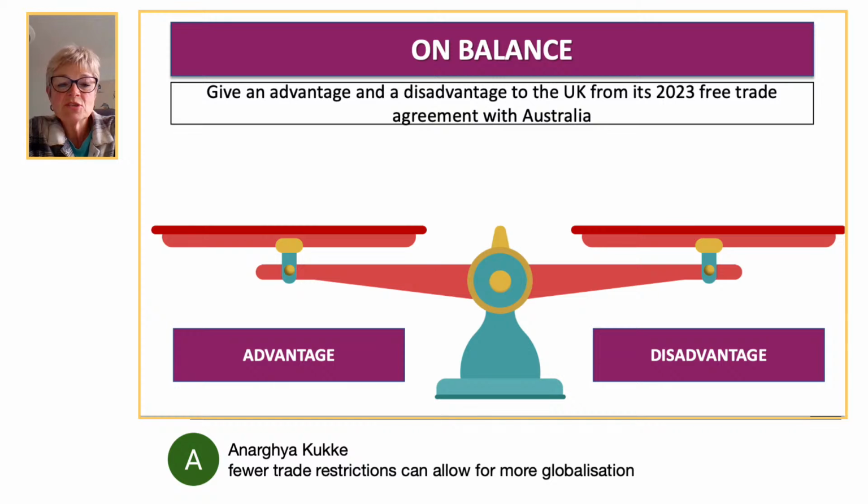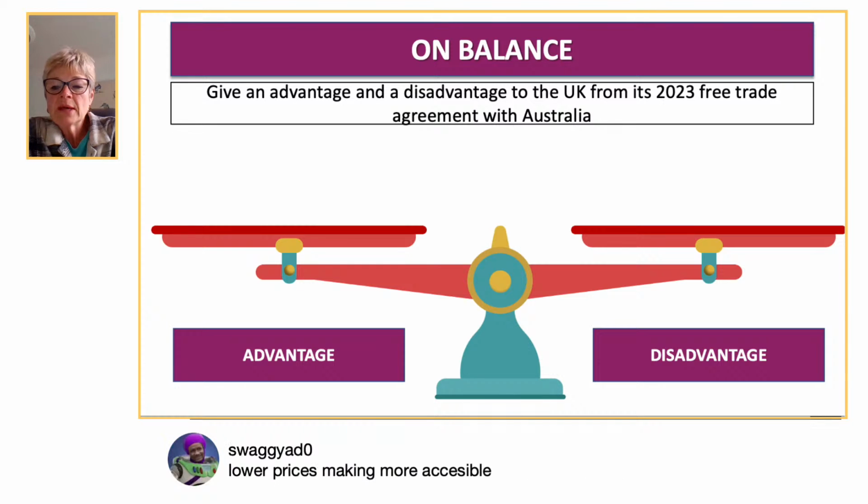Fewer trade restrictions, you're absolutely right, allows for more integration, more globalization. Lower prices making imports more accessible, says Swaggy AD0. Lower prices making imports. So let's make sure that you always just qualify your answers.